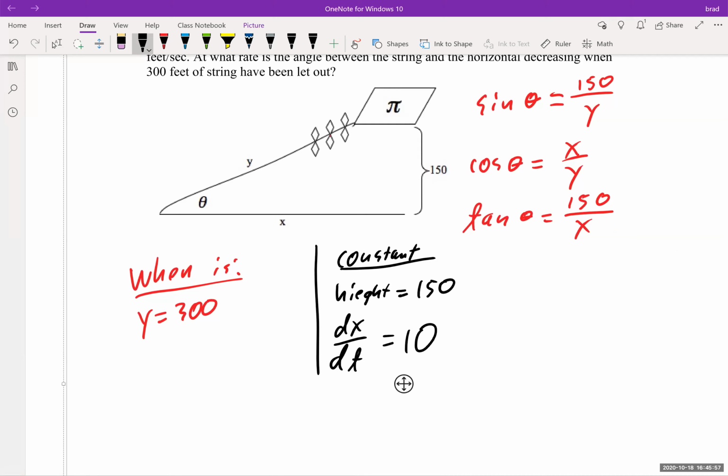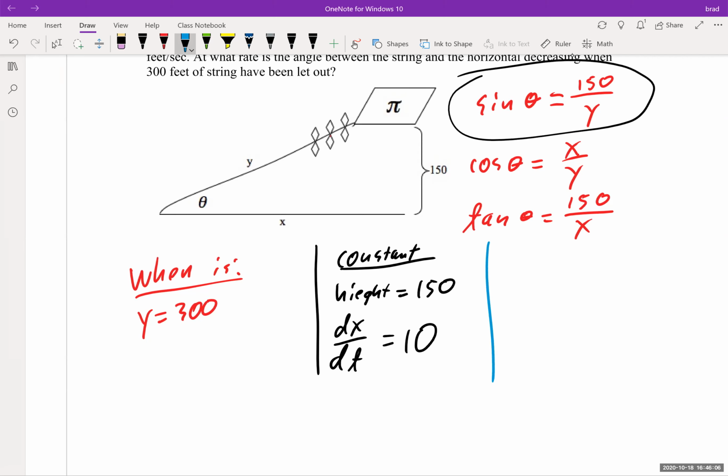Now we need to think. If we were going to take the derivative of both sides of this equation, what are we looking for? We're looking for d theta/dt. We need to know what d theta/dt is.